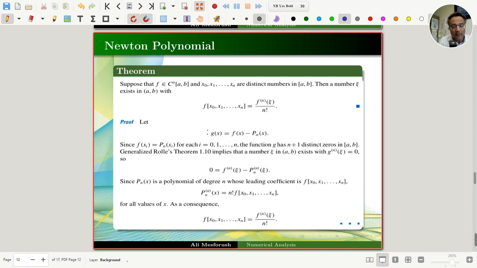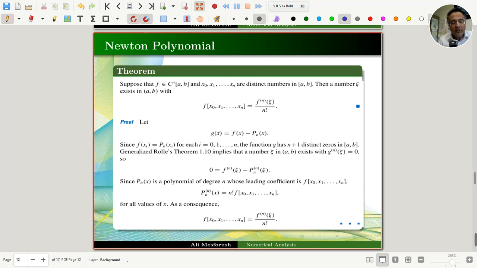In fact, g of x has n plus 1 distinct zeros in the interval [a, b]. And by the generalized Rolle's theorem, there is a number c in the interval [a, b] such that the nth derivative of g at c should be equal to 0.